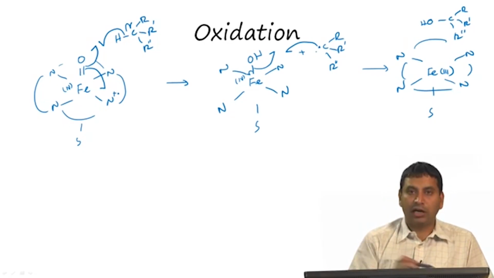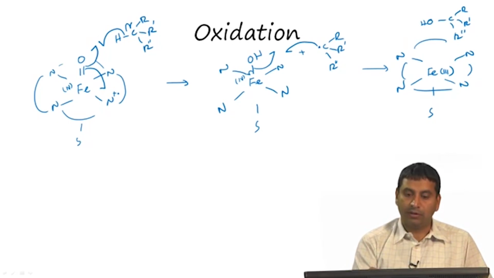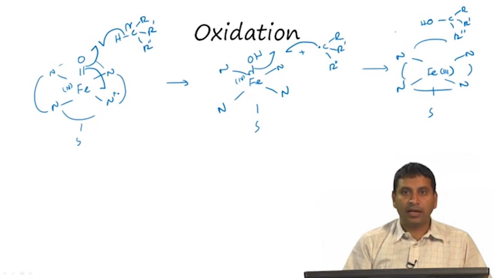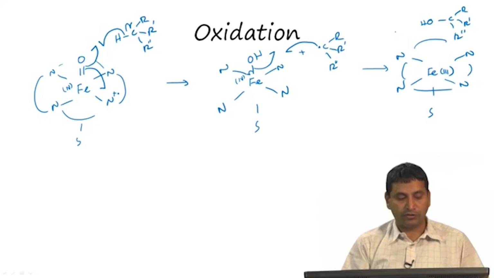We end up with a carbon based radical, which then reacts further with an OH dot that is transiently produced to give you the alcohol and gives you an Fe3 complex.